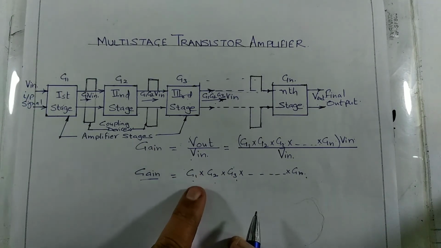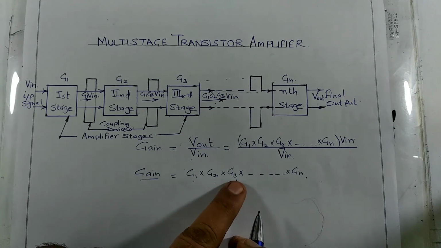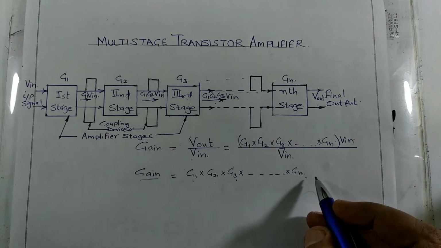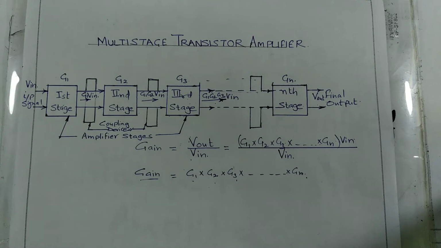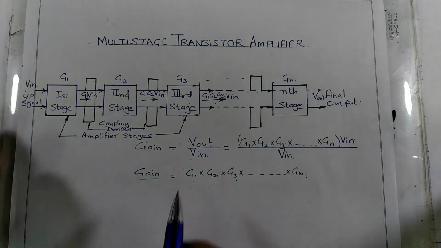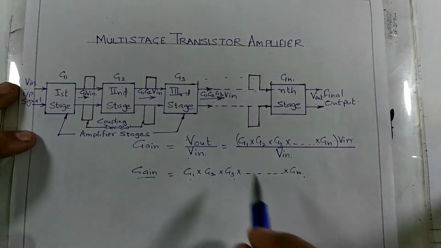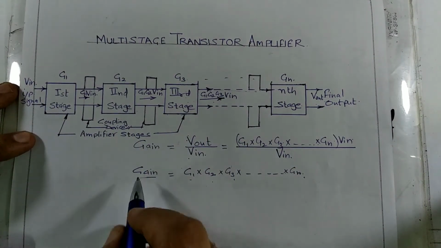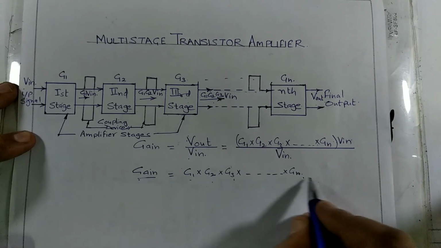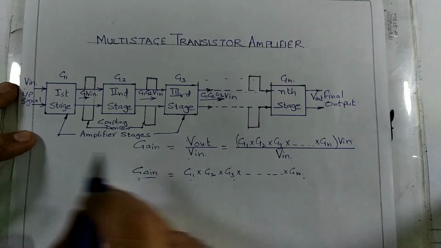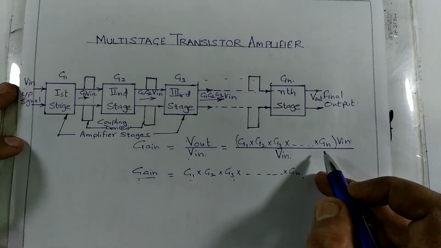Gain is equal to G1 multiplied by G2 multiplied by G3 multiplied by up to Gn. So this is the product of each stage gain. Okay, so the overall gain is equal to the product of the gains of every stage of the amplifier.